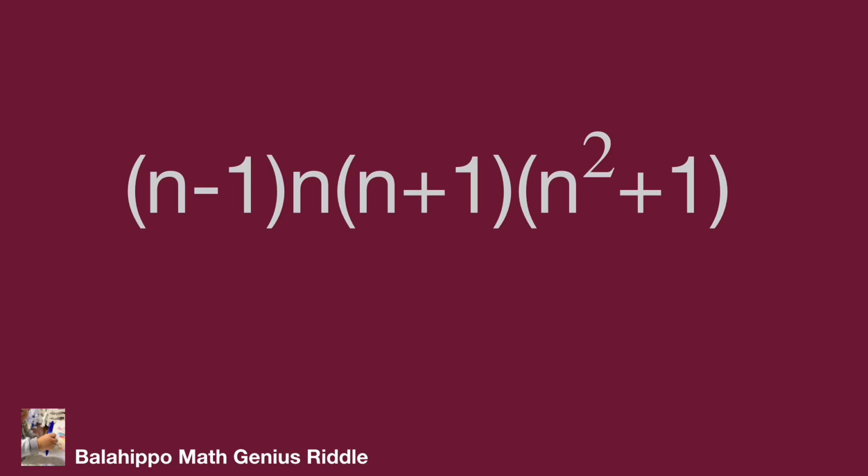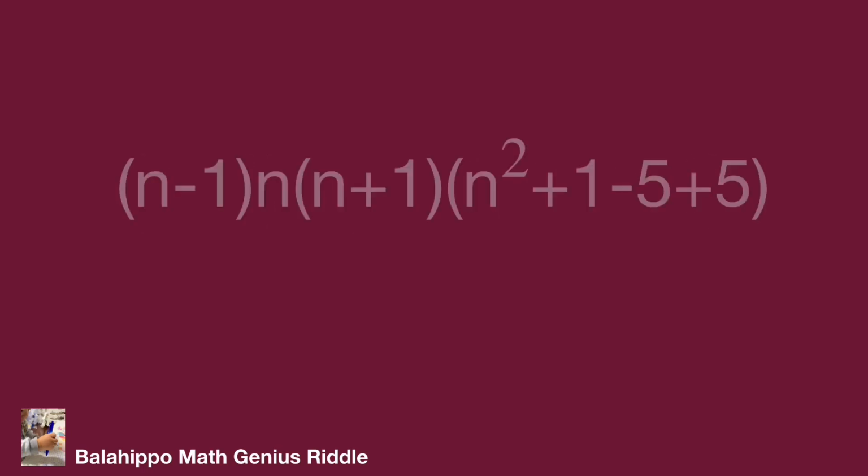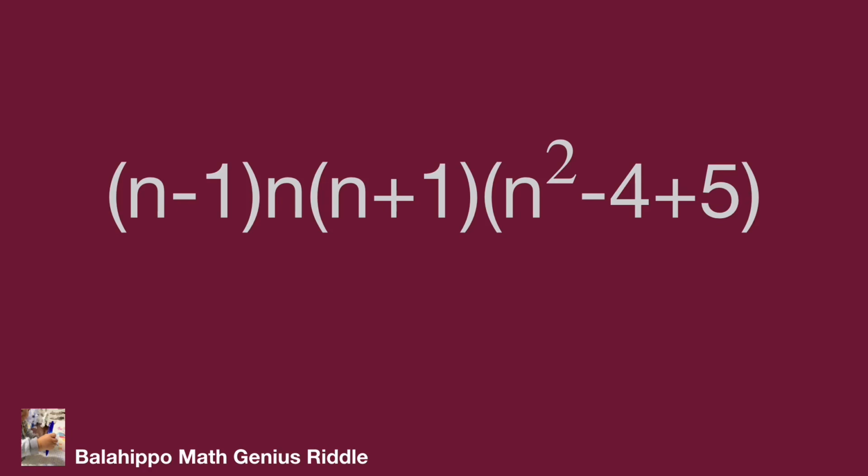Here is a trick. Add minus 5 and plus 5 to the (n squared plus 1). Then it equals (n minus 1) times n times (n plus 1) times (n squared minus 4 plus 5). We treat n squared minus 4 as one item and 5 as another item in the last bracket.